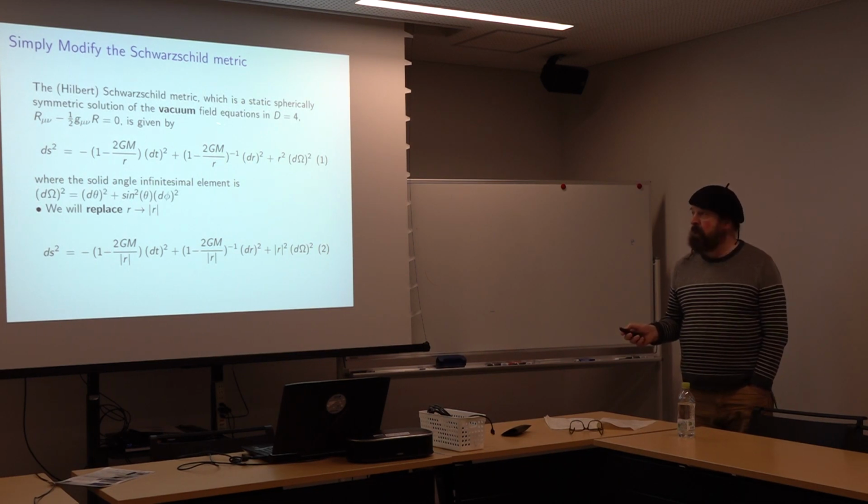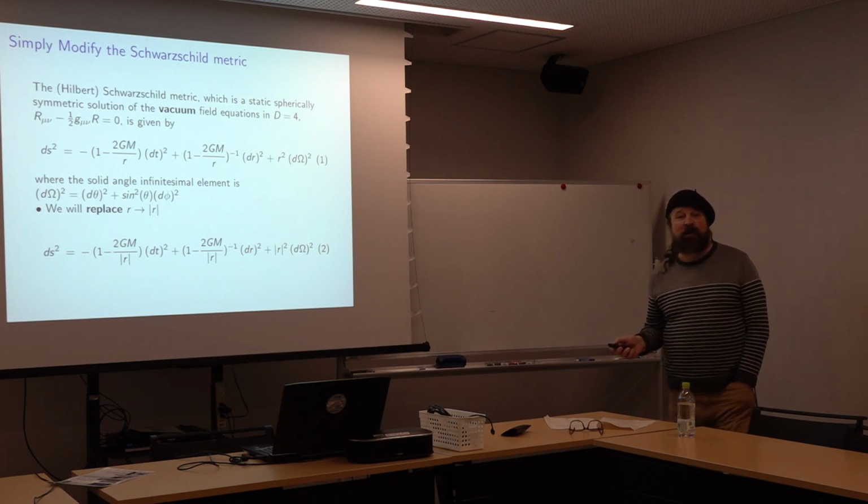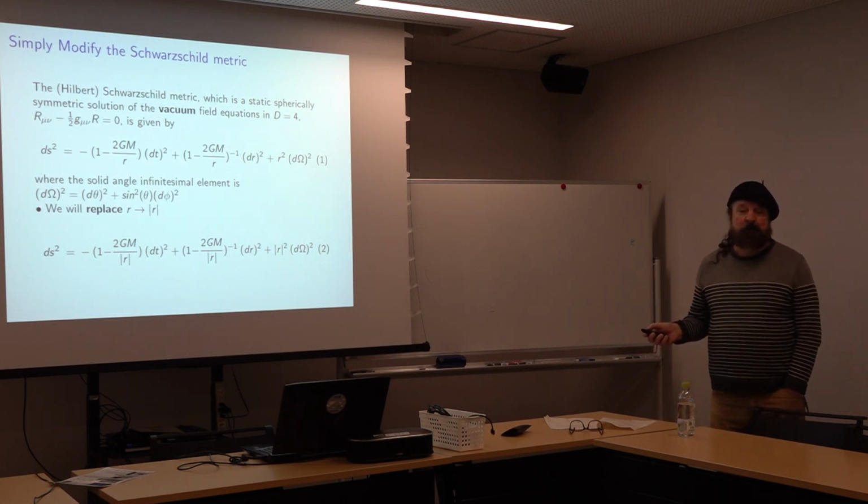But the solutions that he found are very special because he set 0 in the right-hand side. This is what you call the vacuum field equations, when there is no matter at all. So he wanted to find solutions in the simplest case where he assumed spherical symmetry and where the metric does not depend on time.